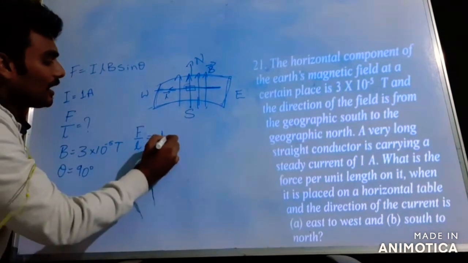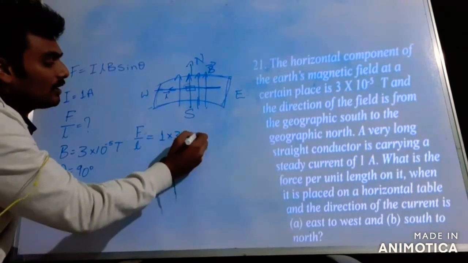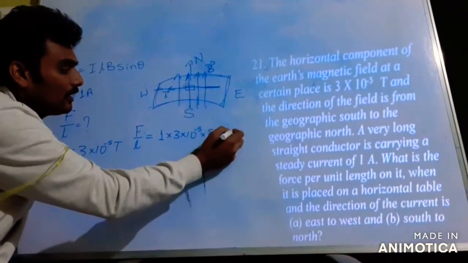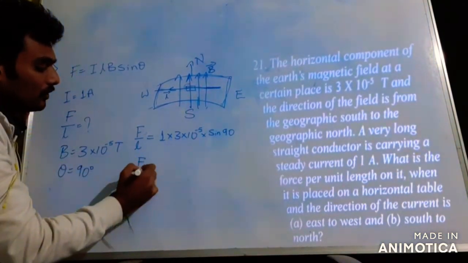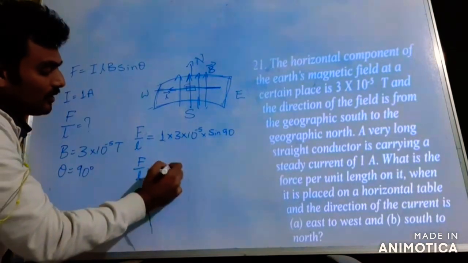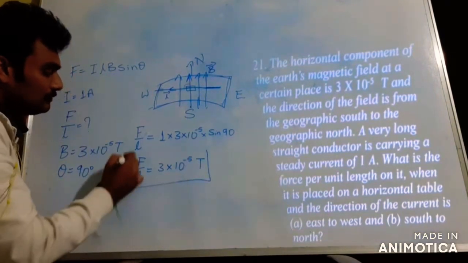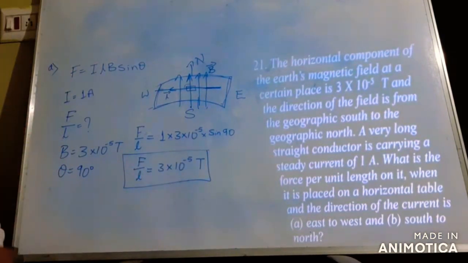What is I? 1 ampere. What is B? 3 into 10 to the power of minus 5 Tesla into sine 90. Sine 90 is 1. So the force per unit length will simply be 3 into 10 to the power of minus 5 Newton per meter. This is the answer for the first sub question.